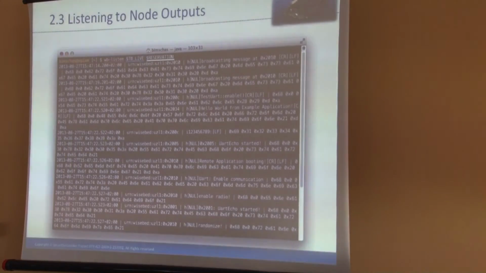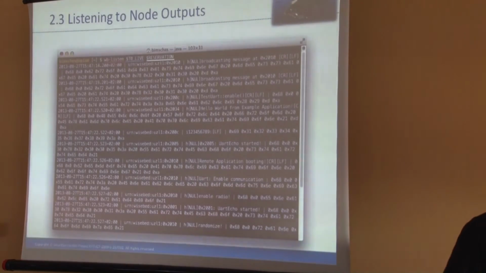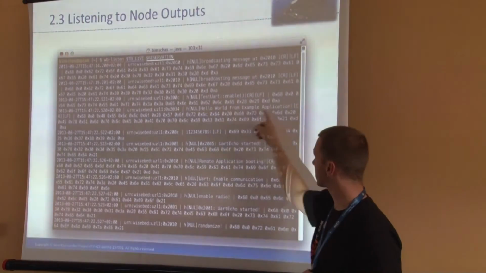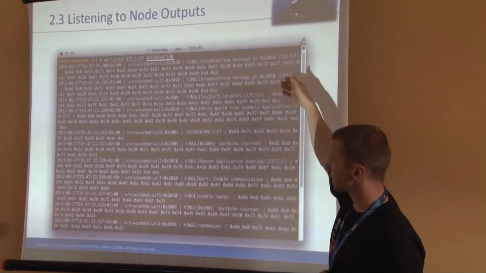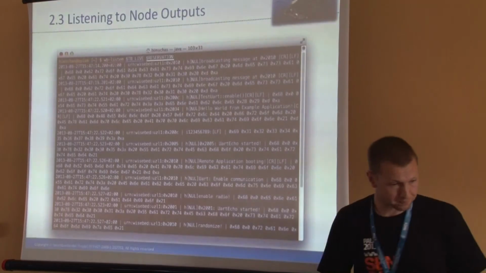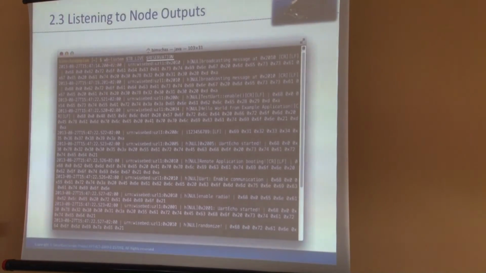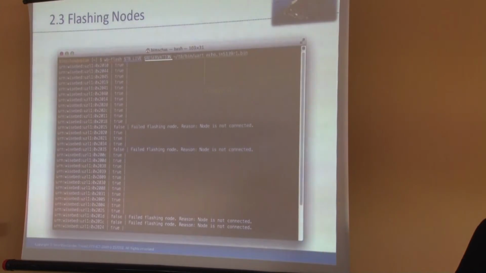It also works for printing out the sensor node outputs, that's the WB listen script. Again, you will be presented with an ASCII interpretation of the output and a hex value interpretation. So this is basically the same as what you saw in the GUI now, as a shell script. And it will equally work for resetting the nodes, flashing the nodes, and that's how these scripts work.